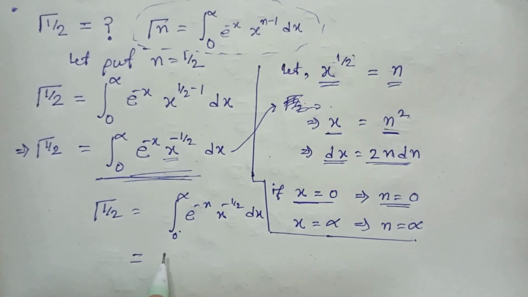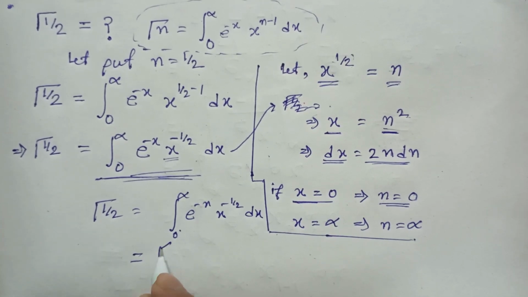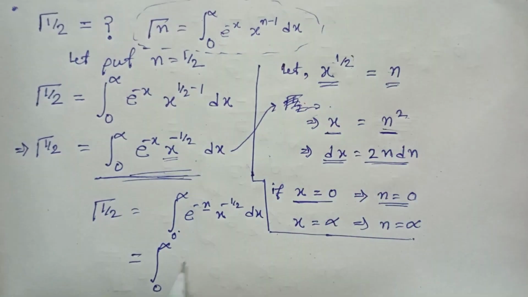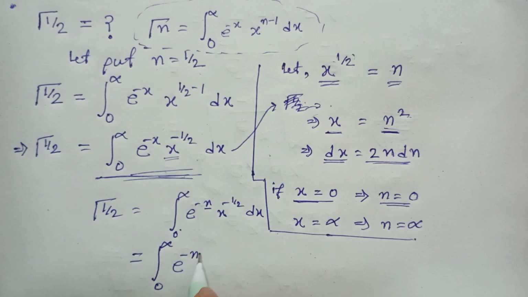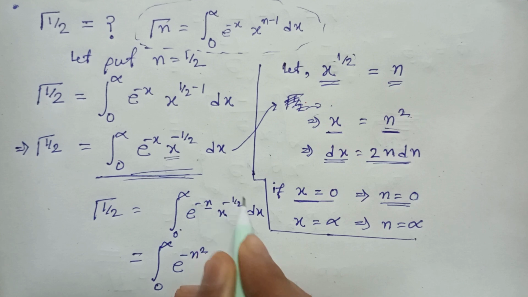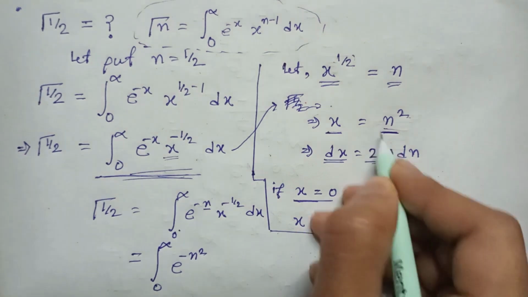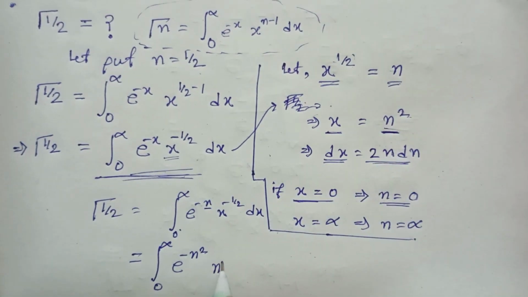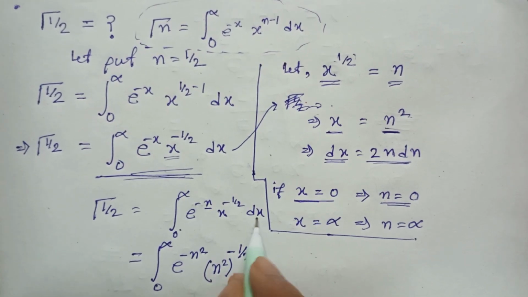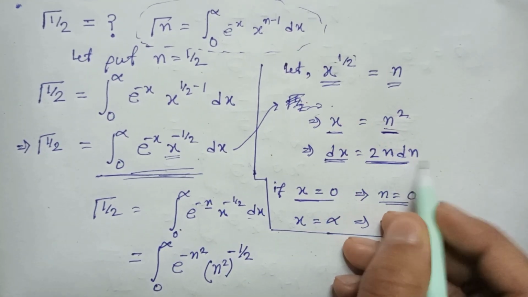Instead of minus x we can put minus n square, so e to the power minus n square, and in place of x to the power minus 1 by 2 we can put n square whole to the power minus 1 by 2, and in place of dx we put 2 into n into dn.